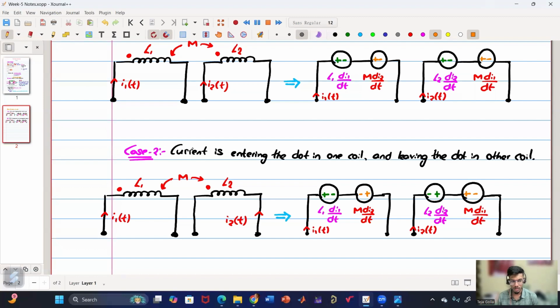Sir, that I2 current is entering the second coil, but in the mutual inductance you have drawn it entering the first coil. Oh, sorry, this one, right? Yeah, this is the other way. Yes, this is your query, right? So is this clear?